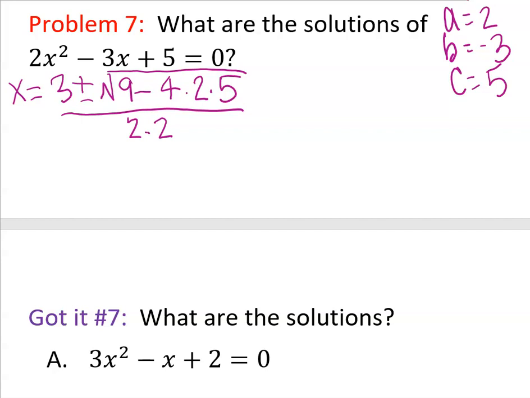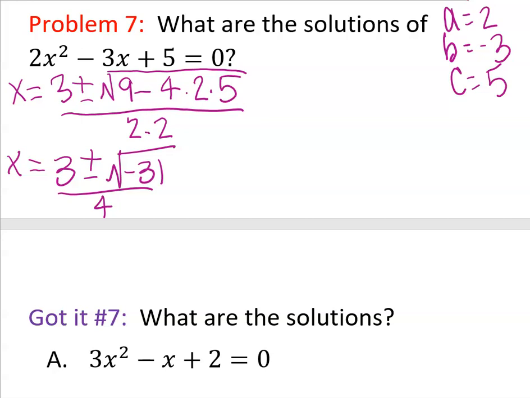These are probably going to be negative numbers under the square root now today, because that's what we're practicing. So 3 plus or minus. 8 times 5, that'd be 40. So we get a negative 31. And a 4 on the bottom. And we are super, super close to being done.